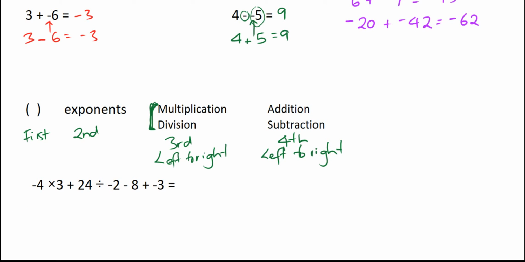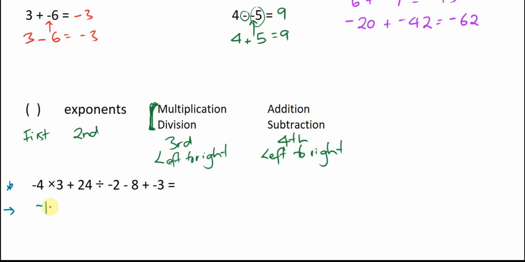Okay, so let's have a look at this sum here. There's no brackets, no exponents, so now we're going to look at multiplication and division, which are equivalent operations, and we're going to proceed through this sum by doing the multiplication and division that we come to as we move from the left to the right. So as I'm going through, I can see immediately negative 4 times 3. So I'm going to do that.